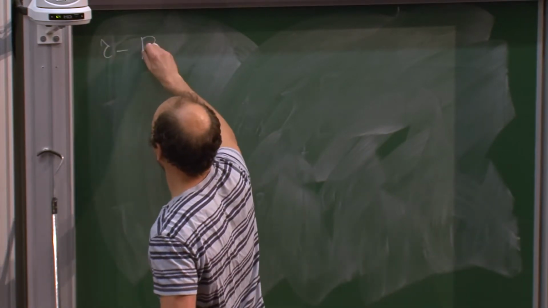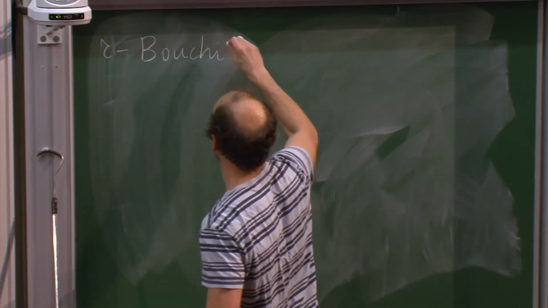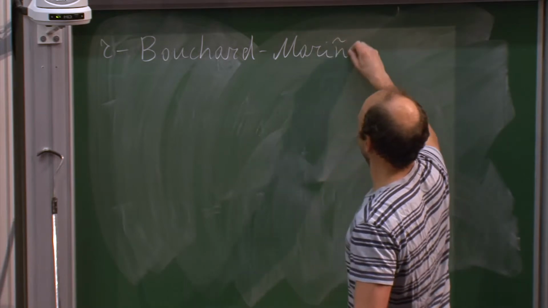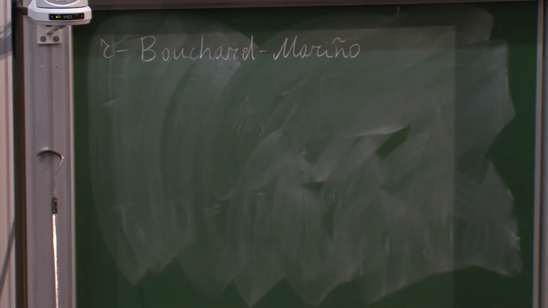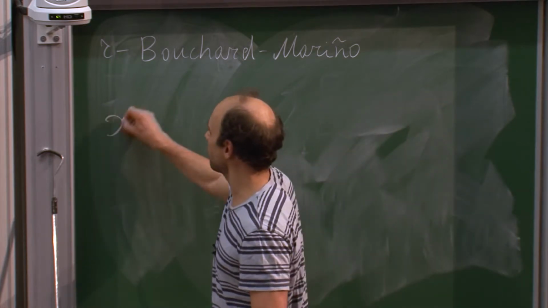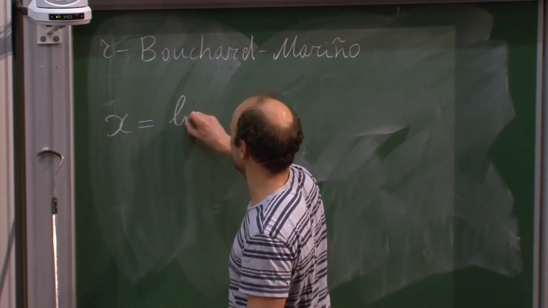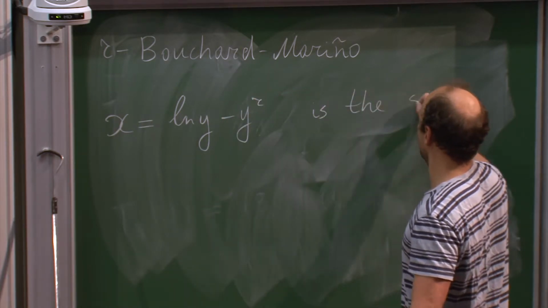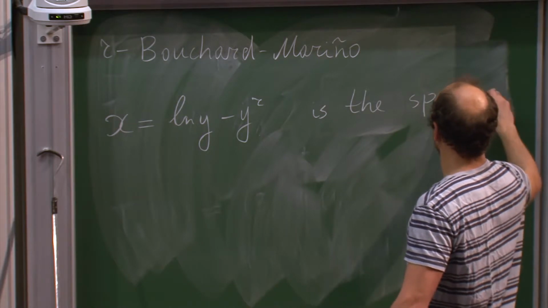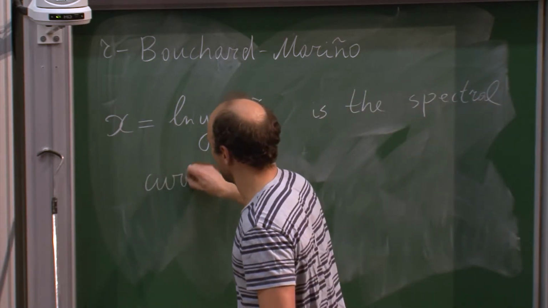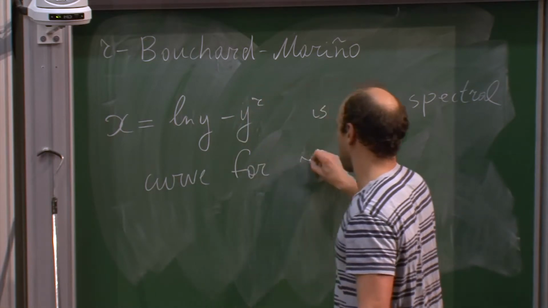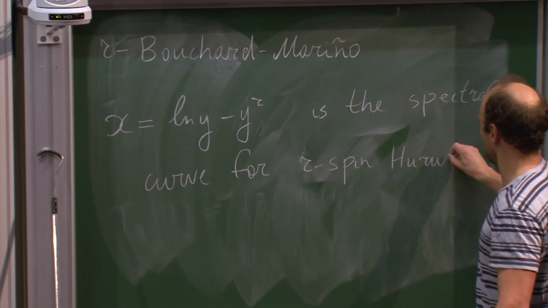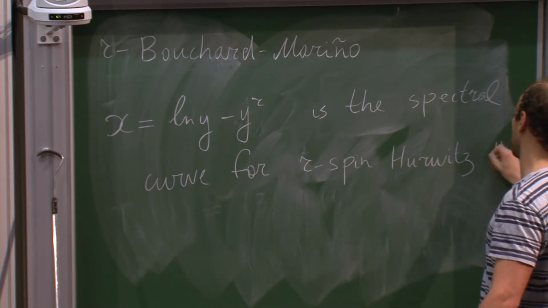The R-Bouchard-Marigny conjecture says that the curve x equals log y minus y to the r is the spectral curve for R-spin Hurwitz numbers.